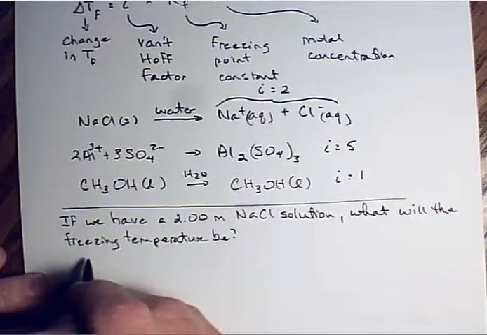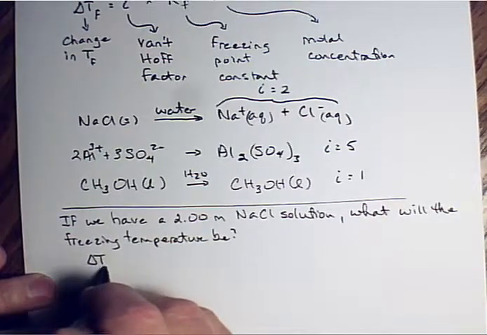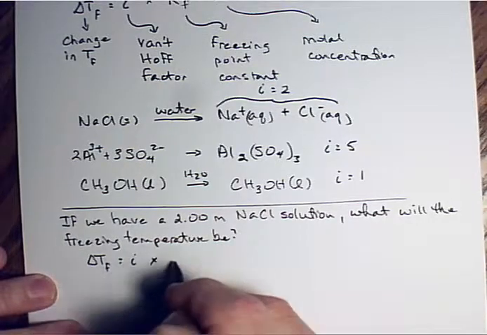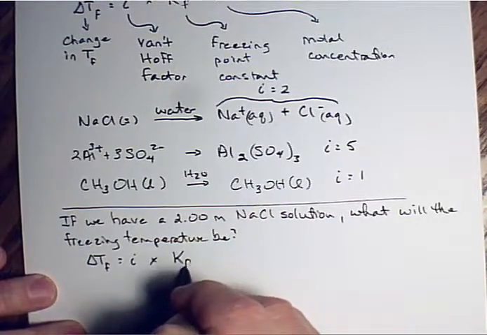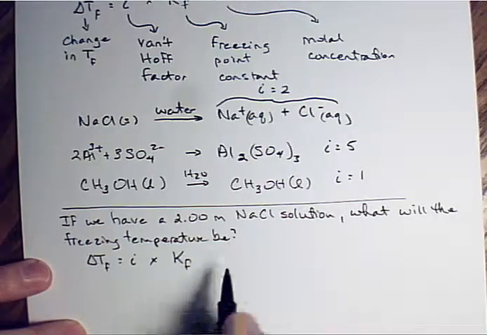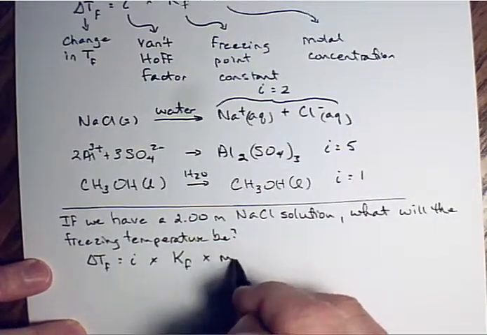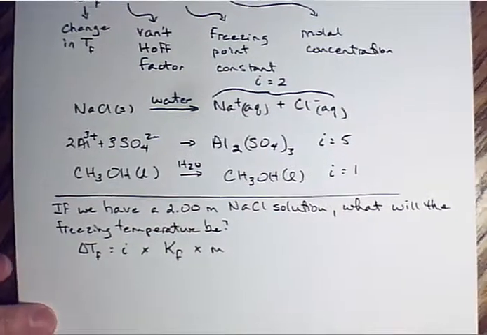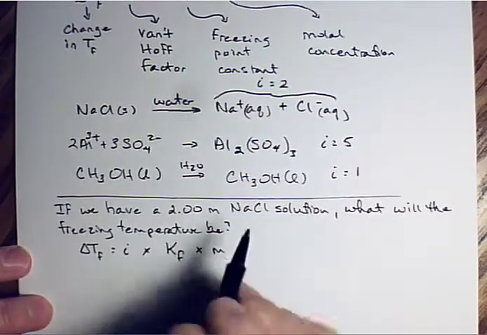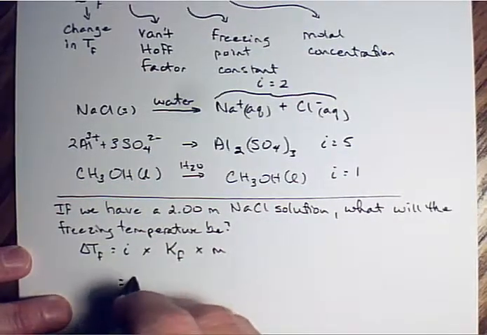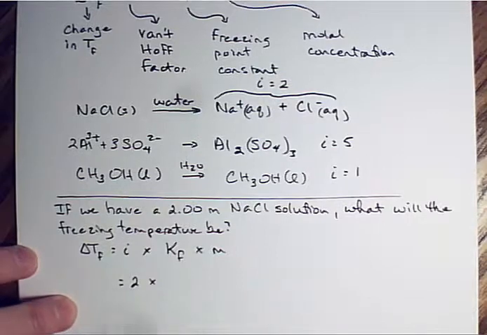Change in freezing temperature is equal to i, the Van't Hoff factor, times the freezing point constant for water, times the molal concentration. And what is the Van't Hoff factor for sodium chloride? 2. So i is 2.